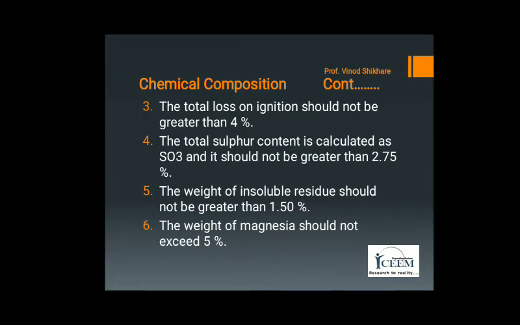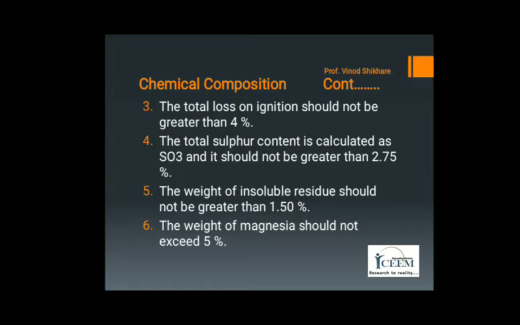Next, the total loss on ignition should not be greater than 4%. It means at the time of manufacturing of cement, the total loss due to the ignition process should not be greater than 4%.